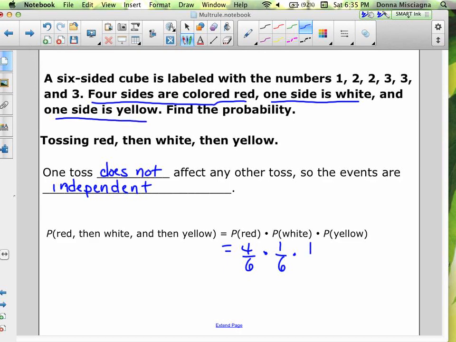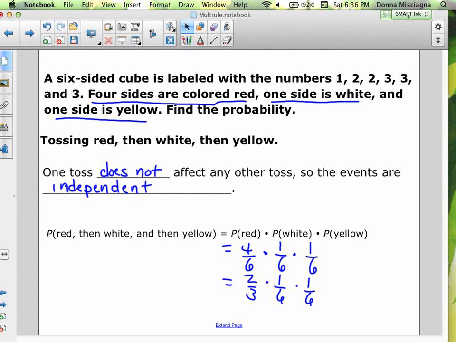We could reduce 4/6, which reduces to 2/3, both divisible by 2. And now we can just multiply. Actually, we can reduce one more time. You could cross-reduce, right? When you're multiplying, you can reduce within a fraction, or you could cross-reduce. So I could reduce that 2 and that 6 if I want even smaller numbers.